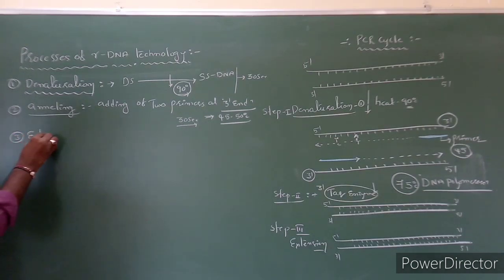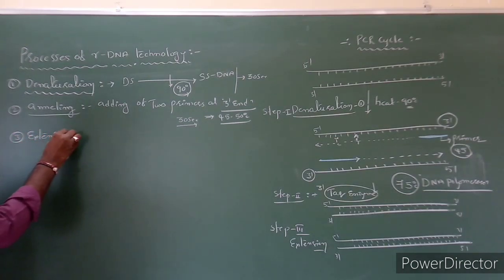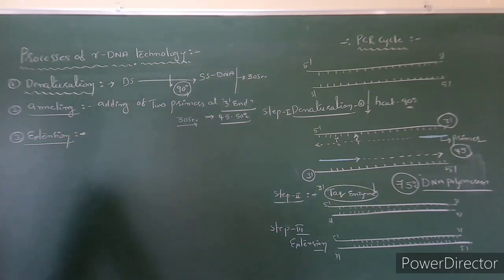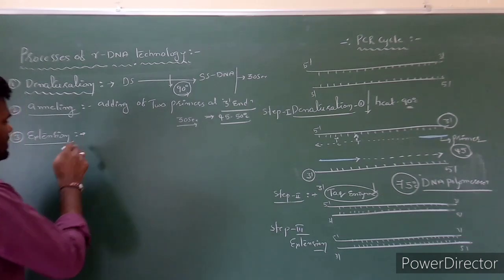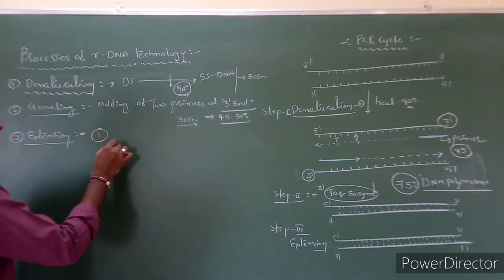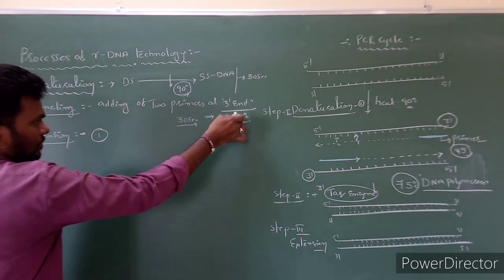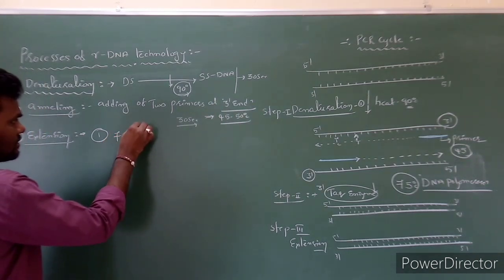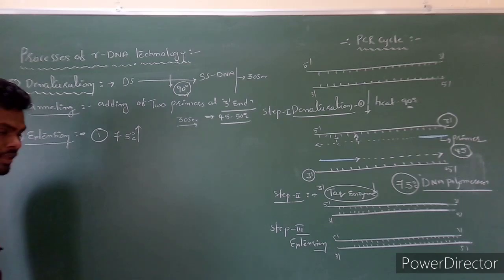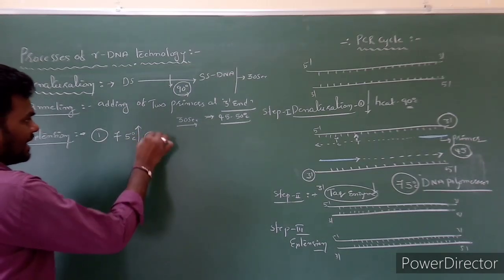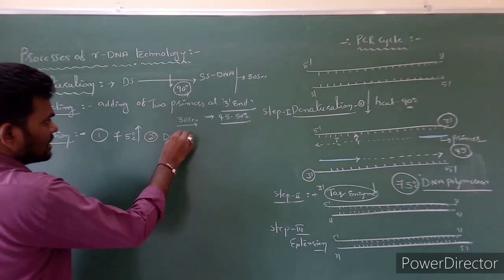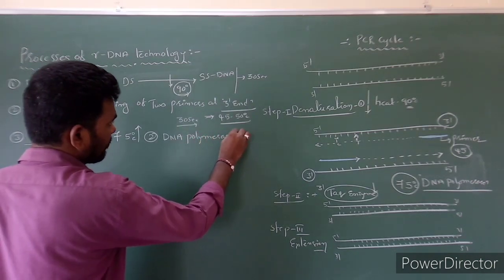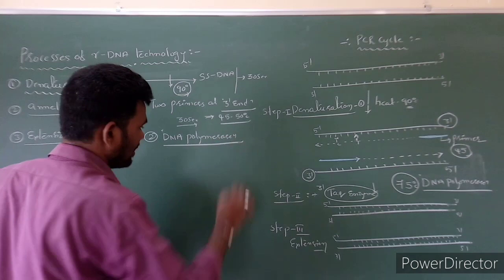Extension. In this case, what happened? Simple. In this extension, first we increase the temperature from 50 degrees Celsius to 75 degrees Celsius. First step. And second, we add a DNA polymerase enzyme.